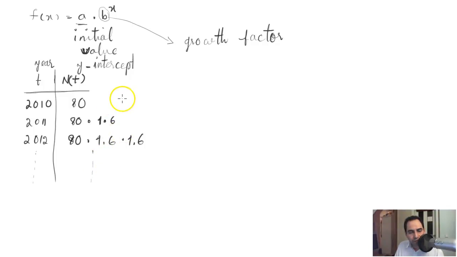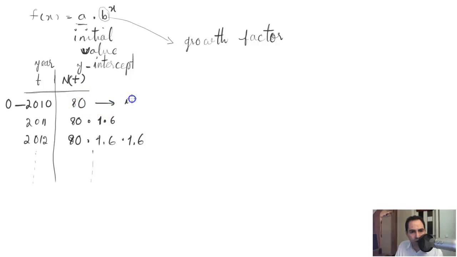Now here, because we introduced the population of deer into the wildlife refuge in 2010, I can take this as year zero. As year zero, that means no time has passed at this time, and the initial value of my function at this point in time was 80.